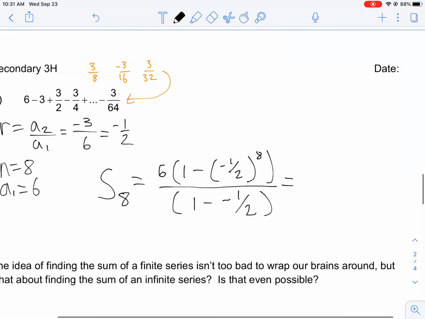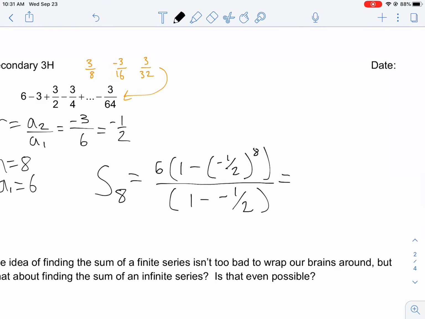And if you plug it into a calculator just like that, you are going to be getting another decimal on this one, as I recall. Let me double check it really quick. Yep, you're getting another decimal on this one.